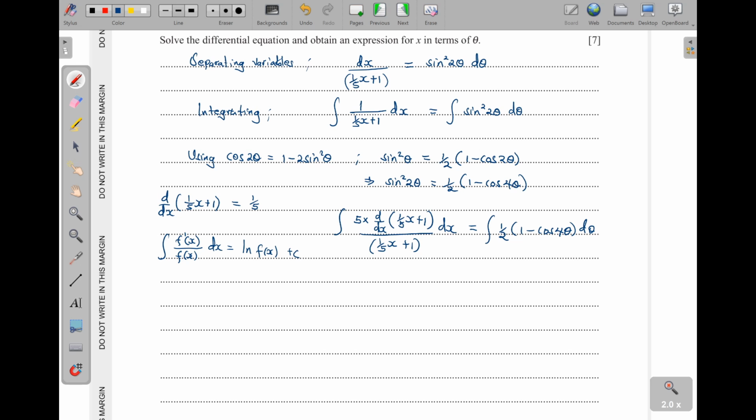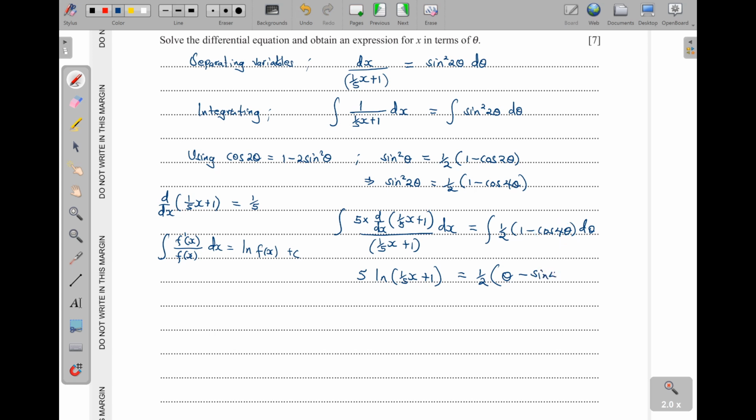Okay, so that means here I'll have the 5, put this 5 outside. Then natural log of 1 over 5 of x, then plus 1, then this one shall be equivalent to a half. I can put it outside. When you integrate 1 with respect to theta, you get theta. When you integrate cosine, you get a positive sine.